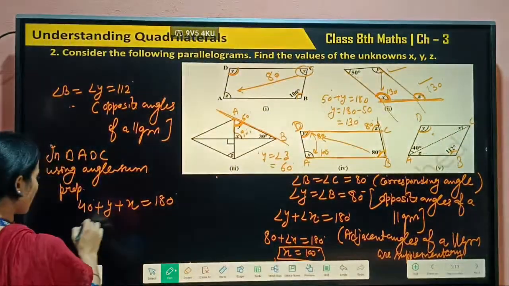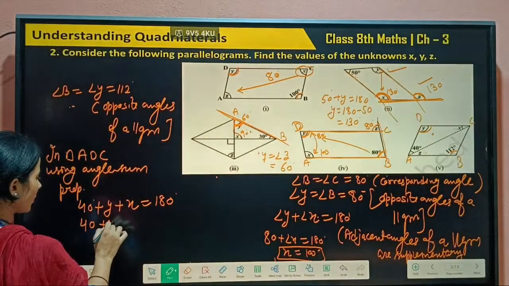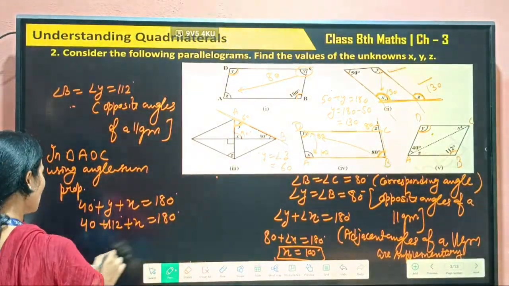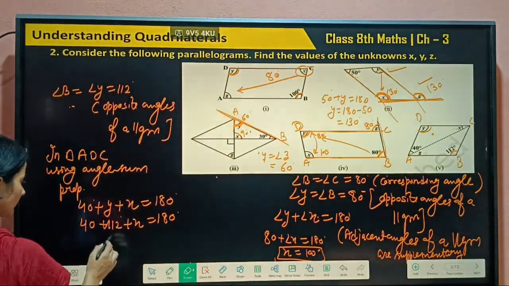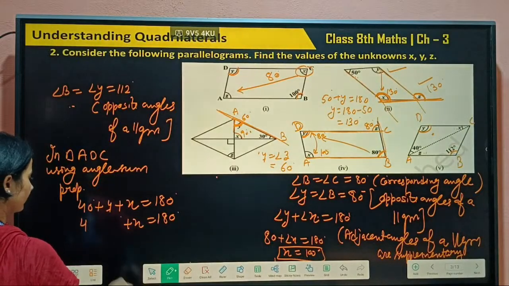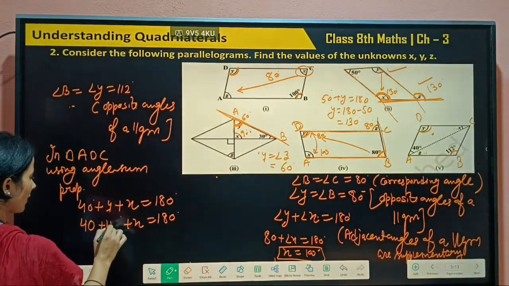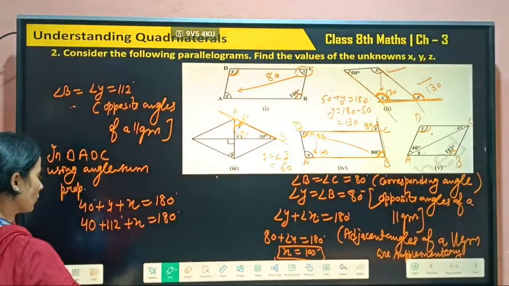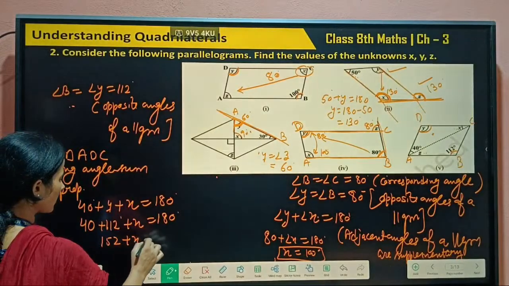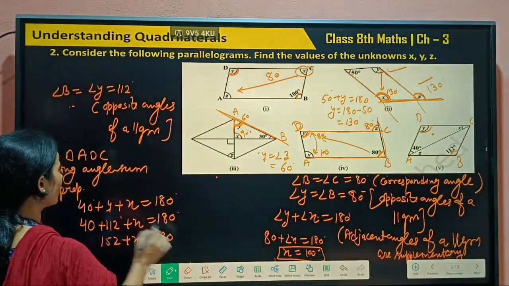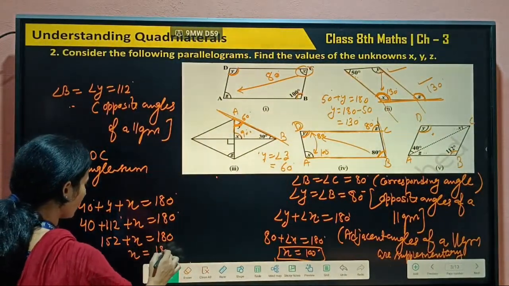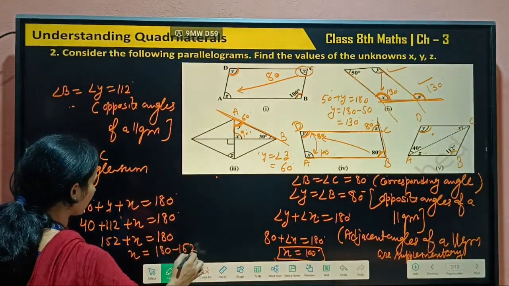Using angle sum property means this angle 40 plus y plus x equals 180 degrees. This 40 as it is, y is 112, plus x equals 180. Now 40 plus 112 plus x equals 180. Now it is 152 plus x equals 180. Now x equals 180 minus 152.